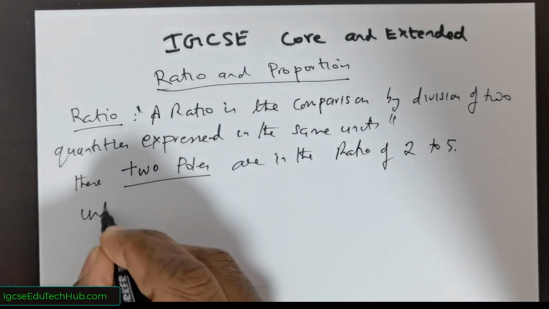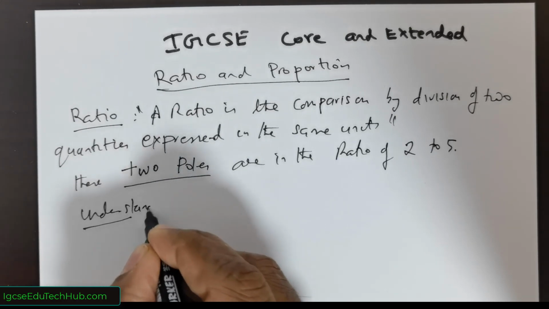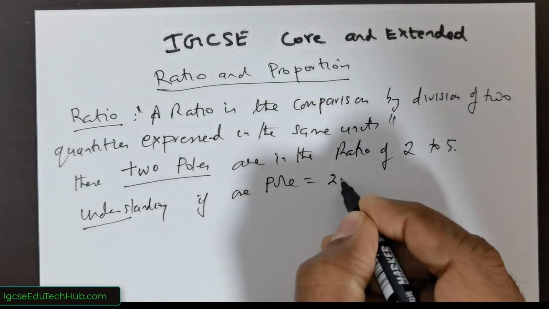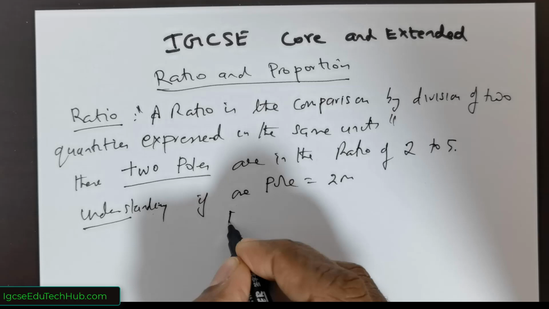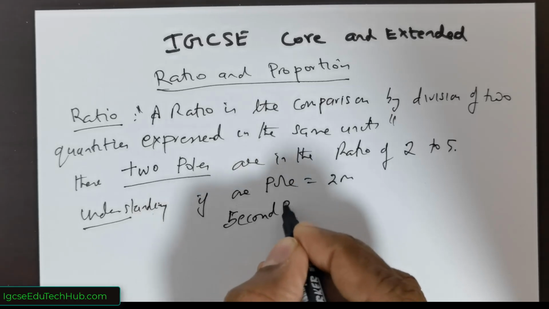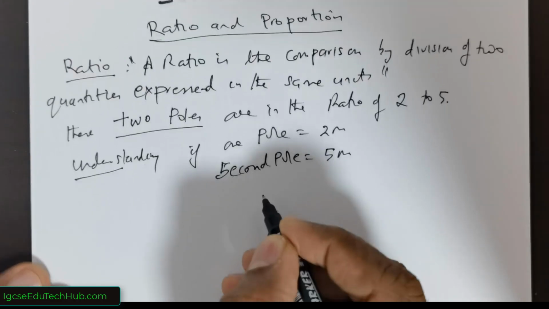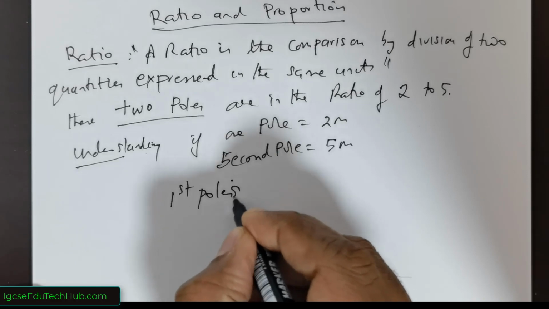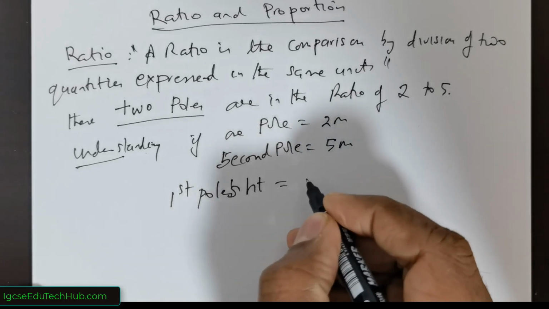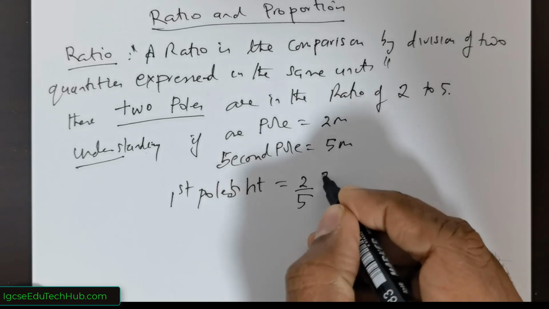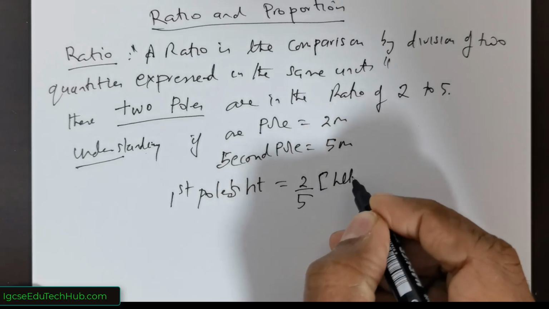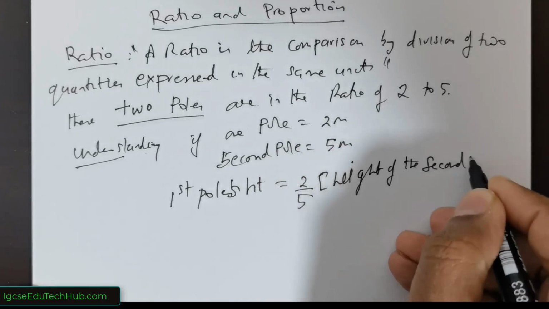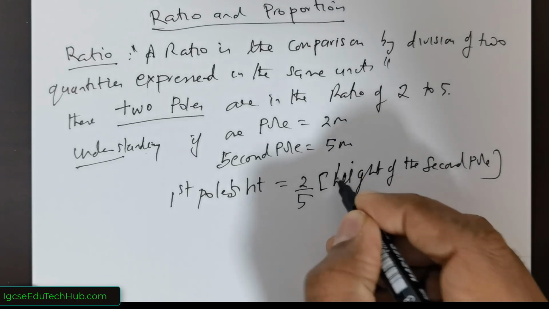Now the understanding here is, if one pole is equal to 2 meters, the second pole will be equal to 5 meters. In other words, the first pole's height is going to be 2 over 5, or 2/5 the height of the second pole. So this is the basic understanding.